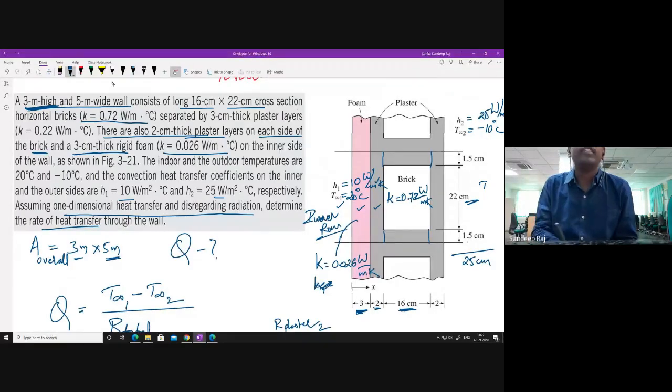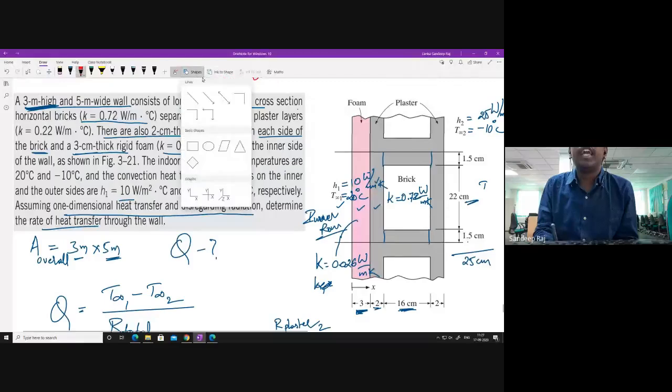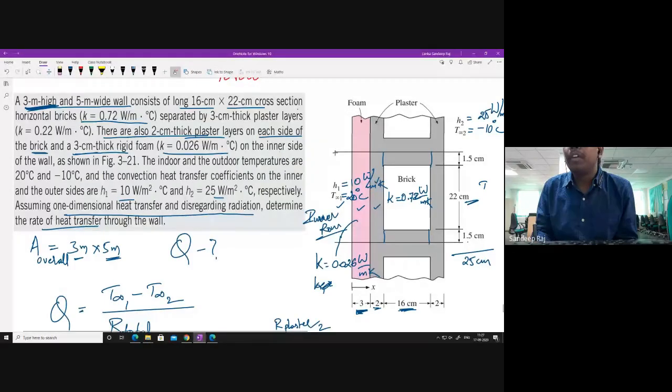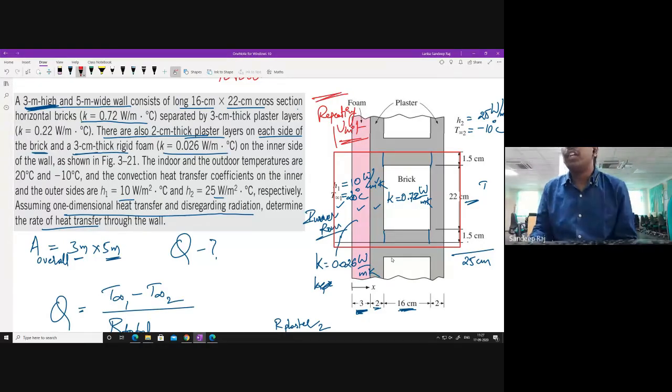But I'm not taking only 3 meters height here. What I'm doing is I am considering a repeating unit here. What I have shown you in red color here, this is my repeating unit. This is a very important thing when it comes to this kind of problems. In reality, you cannot keep taking each and everything. So you will take one repeating unit, and for this repeating unit you will calculate, and the remaining part is so many such units.